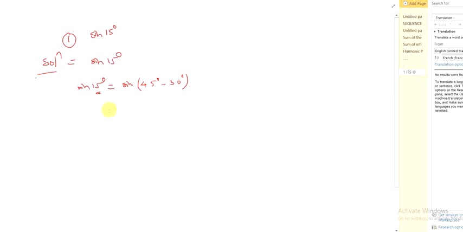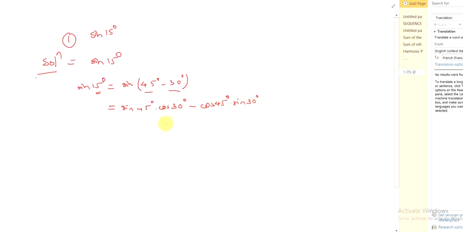Now this one can be compared with sin(A − B). And what is the result for sin(A − B)? You know that one, that is sin A, but here A is equal to what? Sin 45 degrees into cos B, that is cos 30 degrees, minus cos A, that is the first angle, into sin B, that is the second angle.